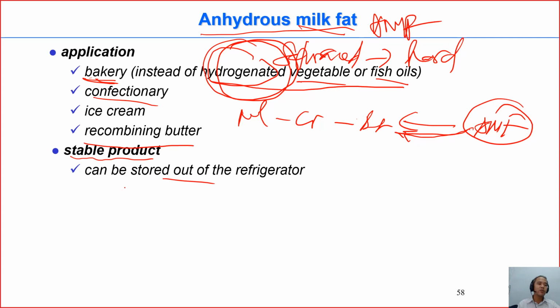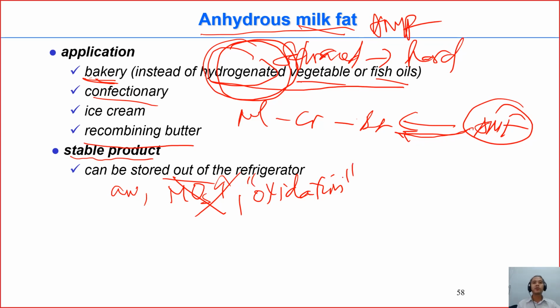AMF has almost 0% of water, means that the water activity is very low. Very low means no microorganism can grow. However, the oxidation of fat can still occur. So it's also better to put it in a fridge or to do the packaging without the presence of oxygen.